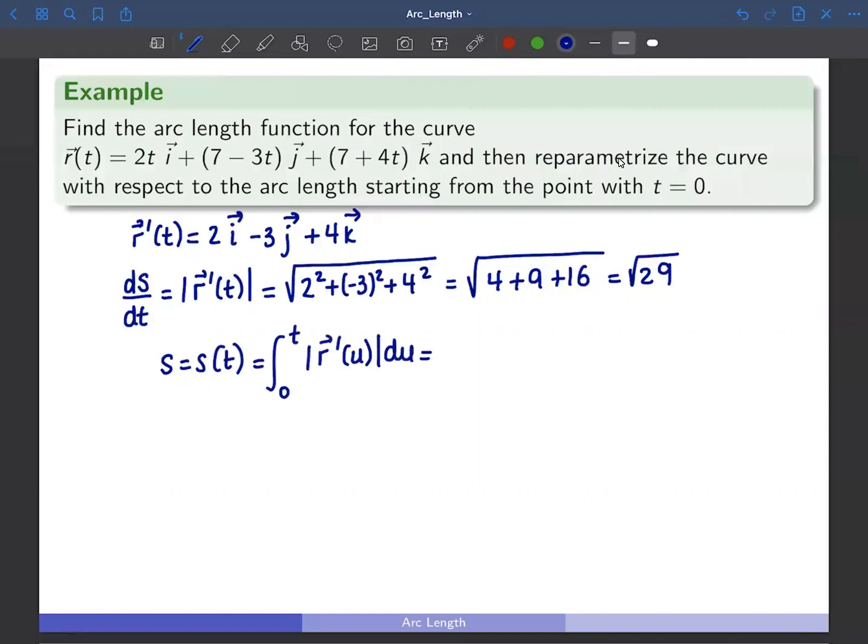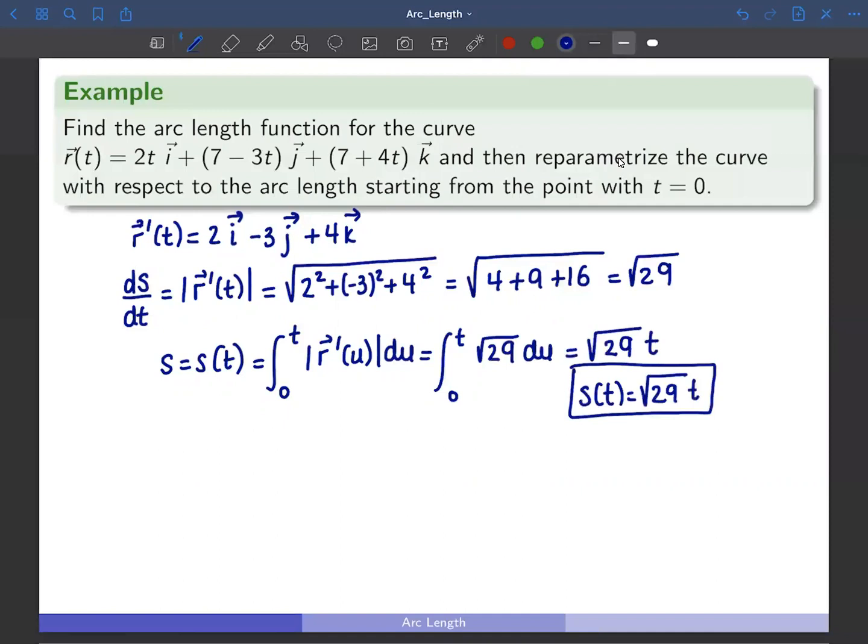So this is equal to the integral from 0 up to t. And the magnitude of the tangent vector, we just found, is equal to the square root of 29, du. Evaluating that gives us the square root of 29 times t. So therefore, the arc length function s of t is equal to the square root of 29 times t.